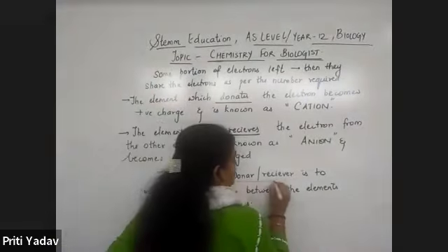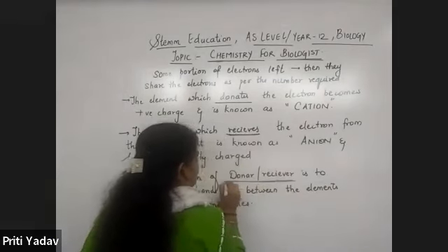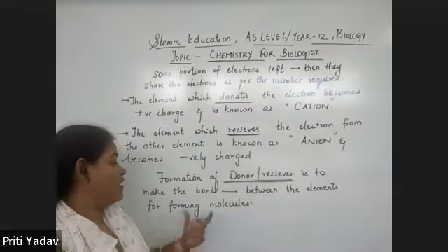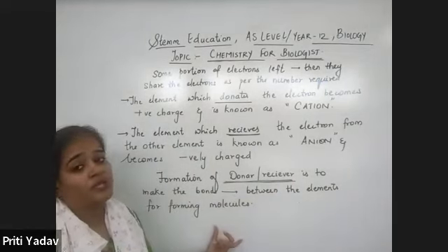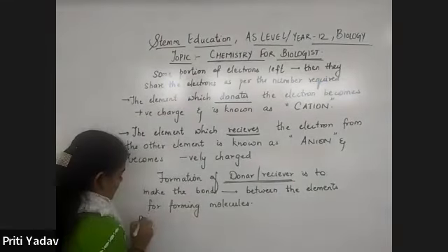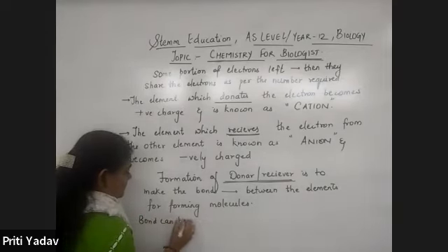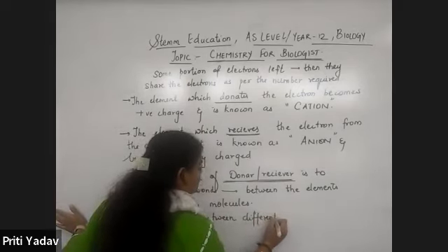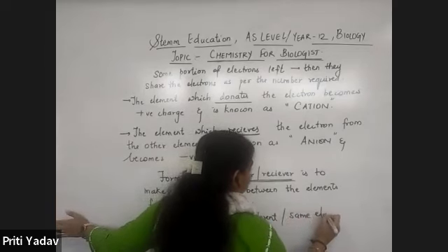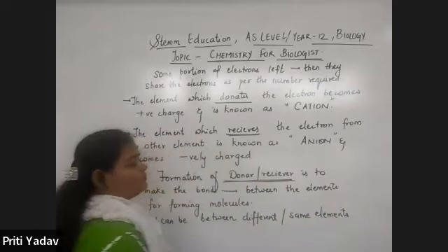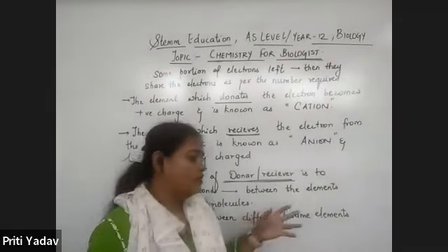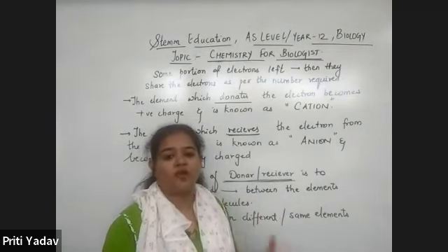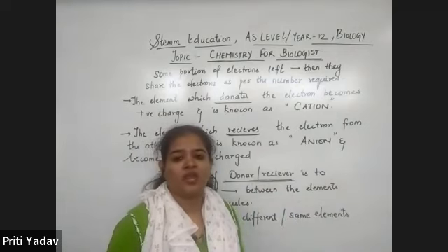Highlighting again, donor or receiver is to make the bonds between two different elements so that they can form molecules. It's not compulsory, it's going to be different. The bond can be between different or same elements. Bonds can be formed between either different or same elements, resulting in the formation of molecules, compounds, and then undergoing into the higher level.